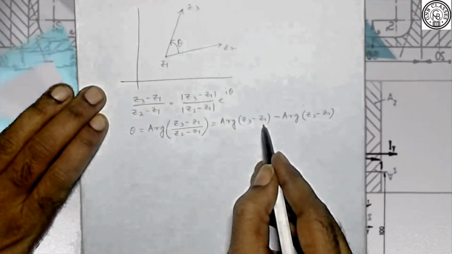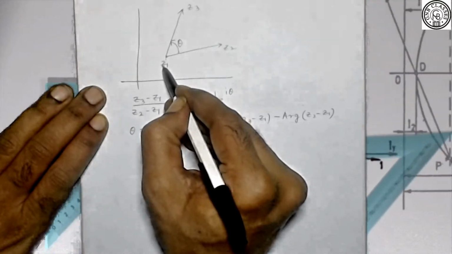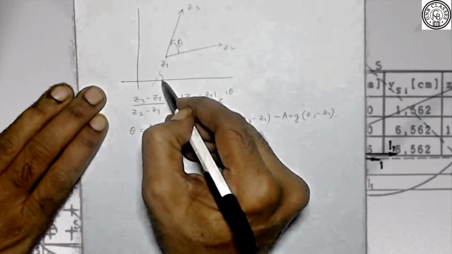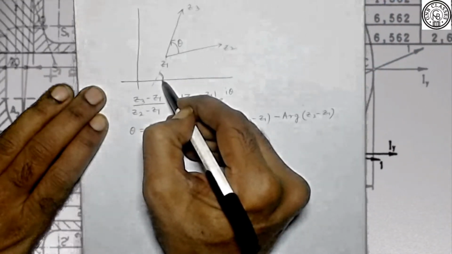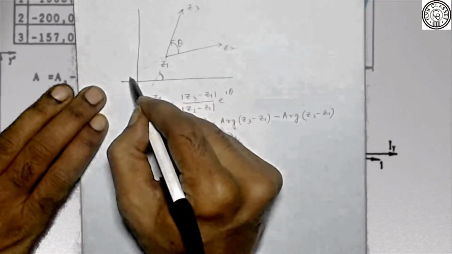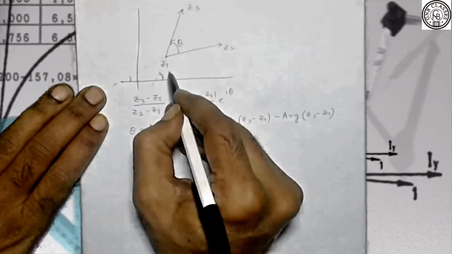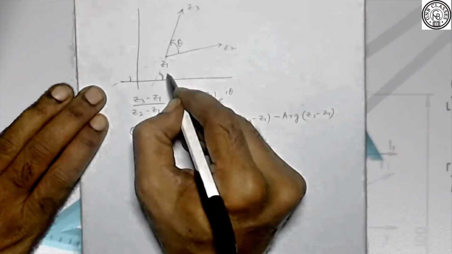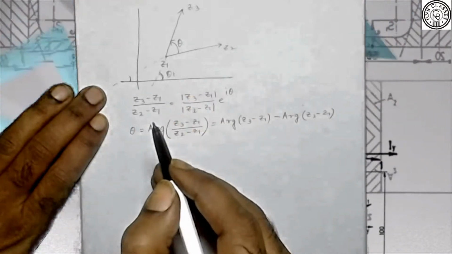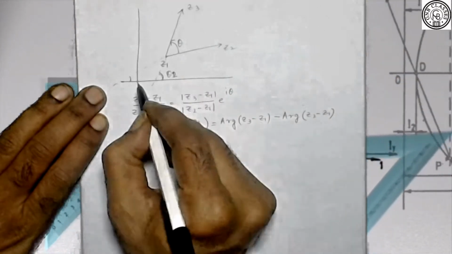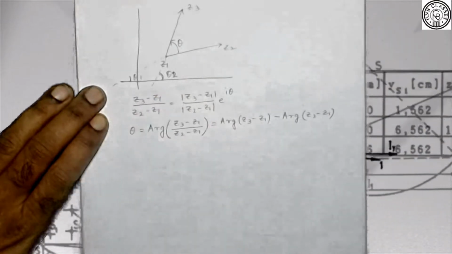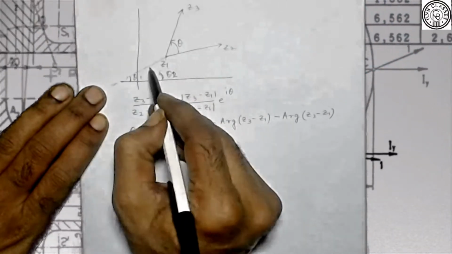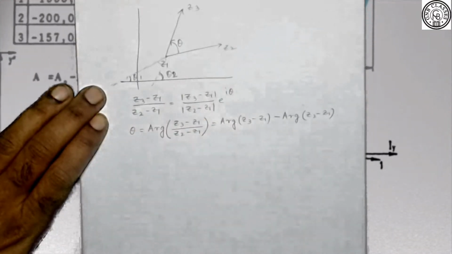Argument of Z3 minus Z1, that is, if I produce this, this angle is the argument, and if we produce this, then let us say this is theta 2, and let me say this is theta 1. Is it clear?